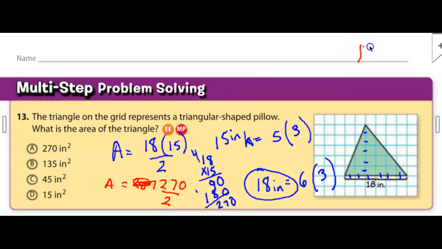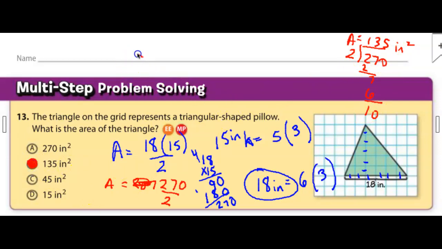So off to the side, find a place, write 270, and divide that by 2. Go ahead and calculate. All right, so 2 goes into 2 once, and then we bring down the 7. 3 times 2 is 6. That's a 1. For the difference, bring down the 0, and 5 times 2 is 10. So the answer is going to be 135 square inches.